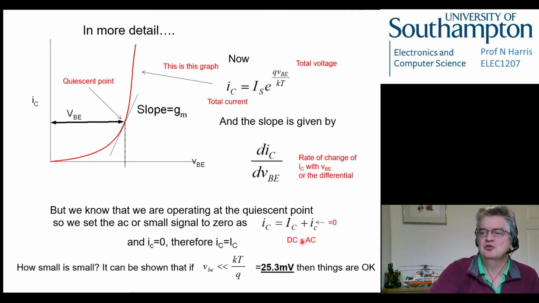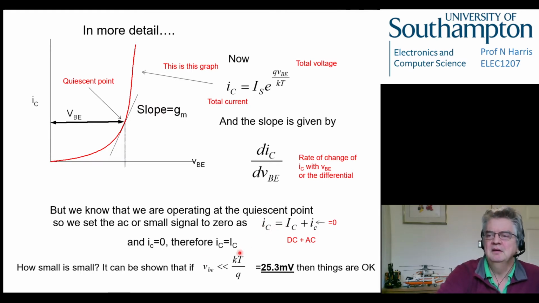So that just leaves us with the total current is equal to the static current. So it's not rocket science. We are just saying if this happens to be 0, then these two happen to be the same. And therefore, under those conditions, IC total is equal to big IC, the static.